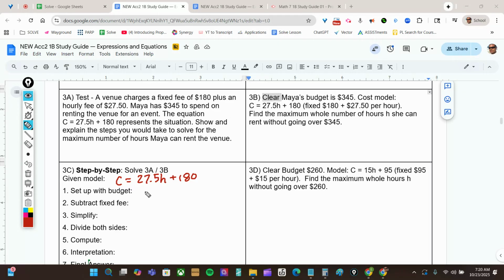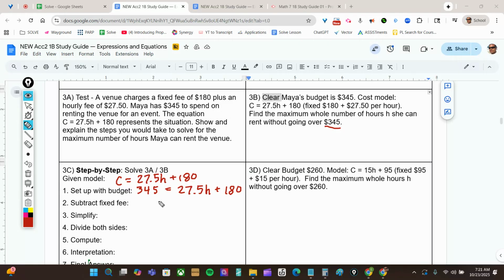Then you substitute the budget, which in this case is $345. So it's 345 is equal to 27.5 H plus 180.